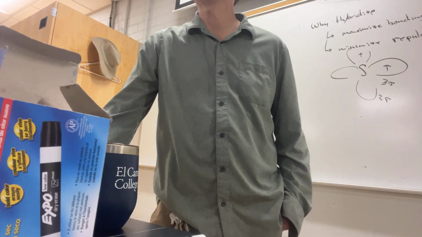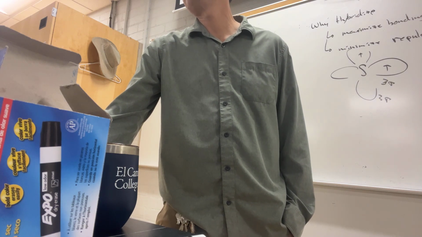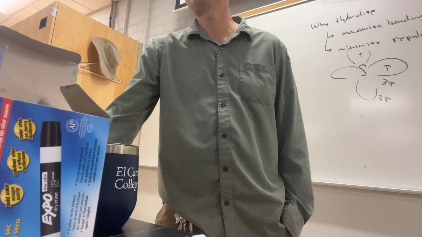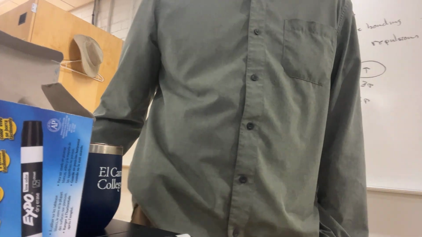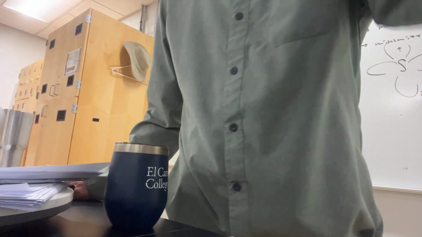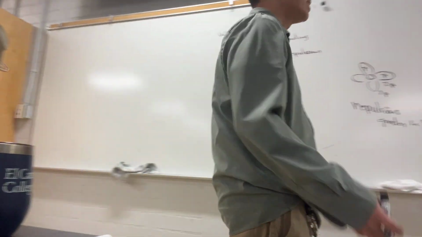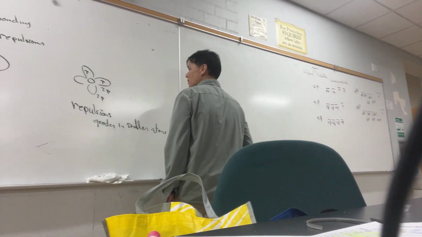And the hybridization is going to depend on how many groups of electrons we have. So we look at the number of electron groups, and we look at the hybridization scheme.